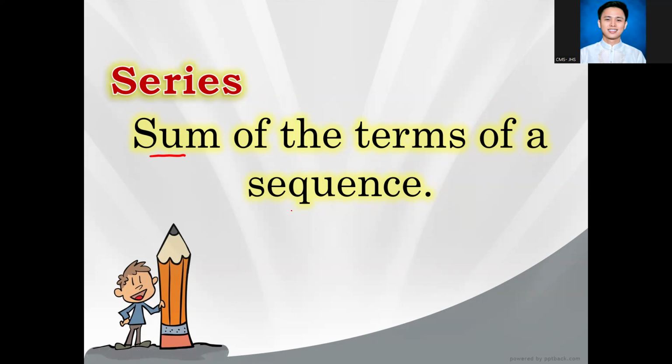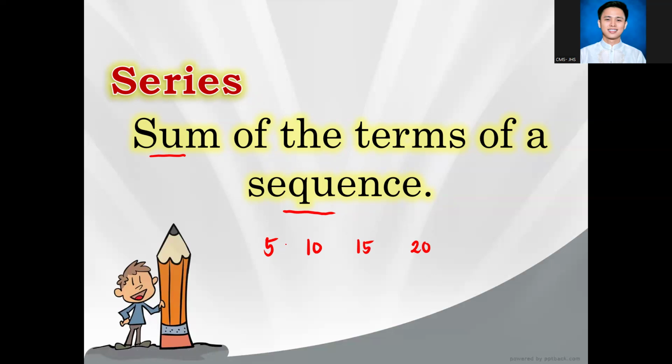Remember sequence? When we say sequence, we are referring to the set of numbers in a specific order. For example, a sequence: 5, 10, 15, 20. So this is an example of a sequence. Now, when will this be a series?